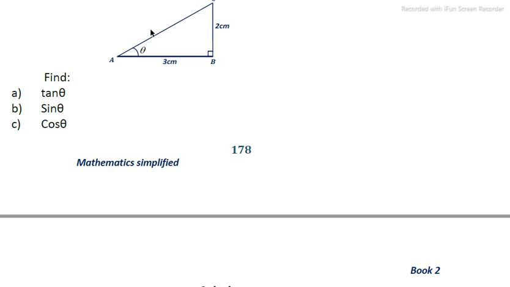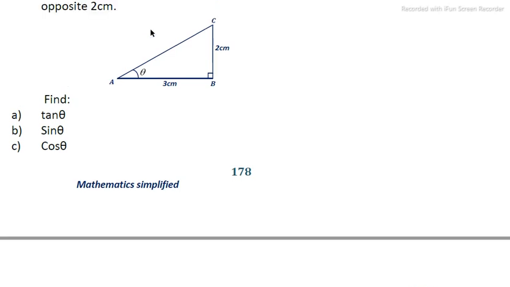But to find the hypotenuse, we shall bring in what we call the Pythagoras theorem, which says that the longest side is equivalent to the square root of opposite squared plus adjacent squared. Or we can also say that AC squared equals AB squared plus BC squared.